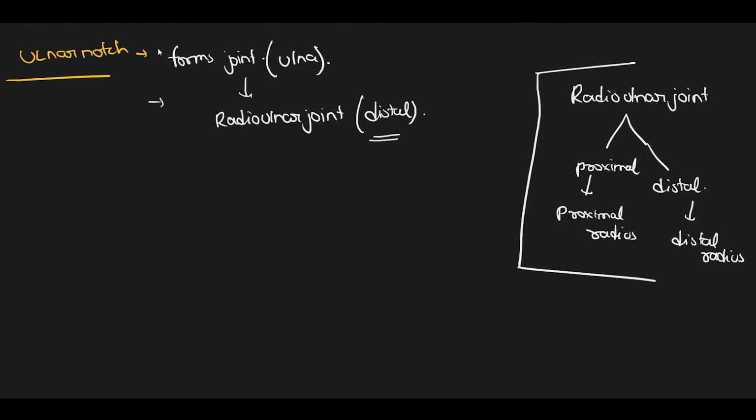And again, the distal surface of the radius has two articular facets. What are the articular facets? These are the processes which attach to the other bone and form a joint.